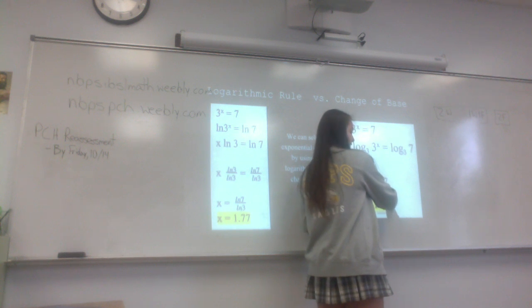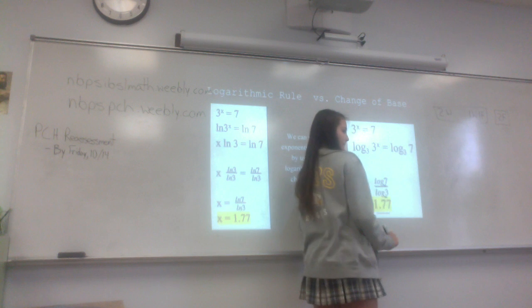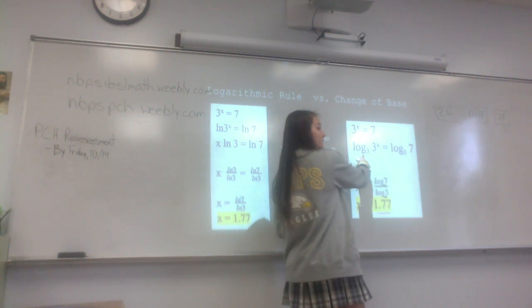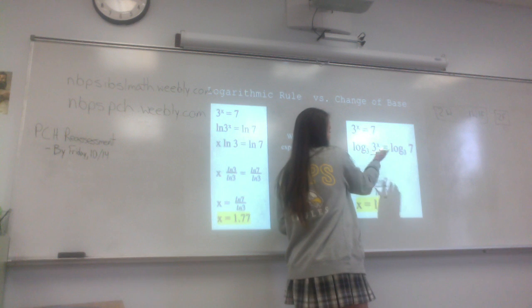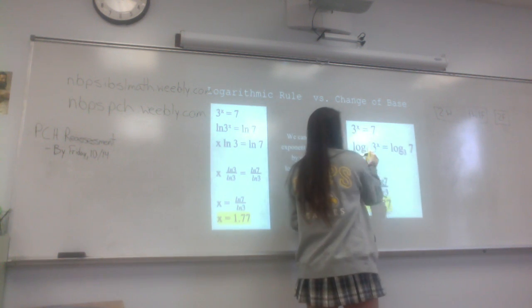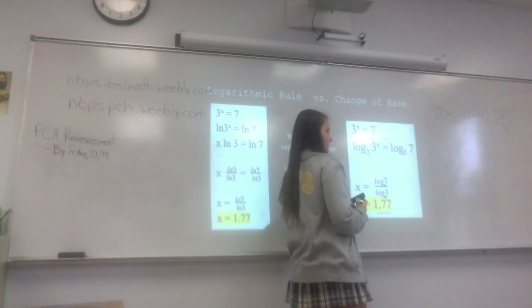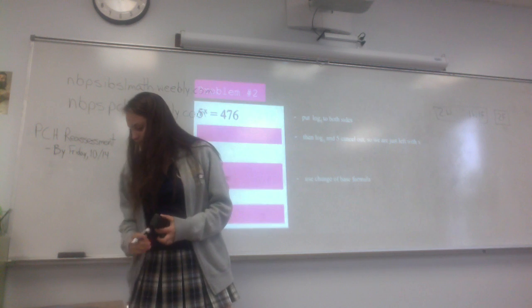So that means log base 10 of 7, log base 10 of 3. Okay, gotcha. And if it's written, then it's any other log, any other log which we don't have in our calculator. So it will be written. If it's not, then it's 10. Make sense? Okay. Let's move on.